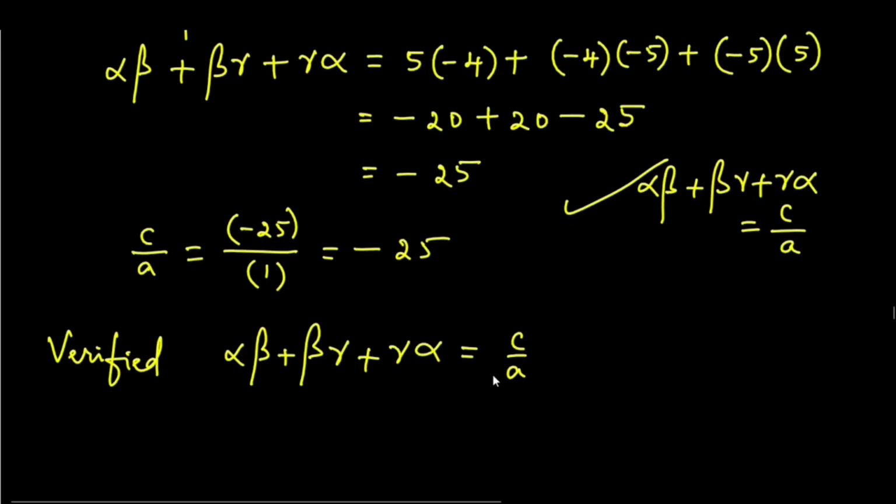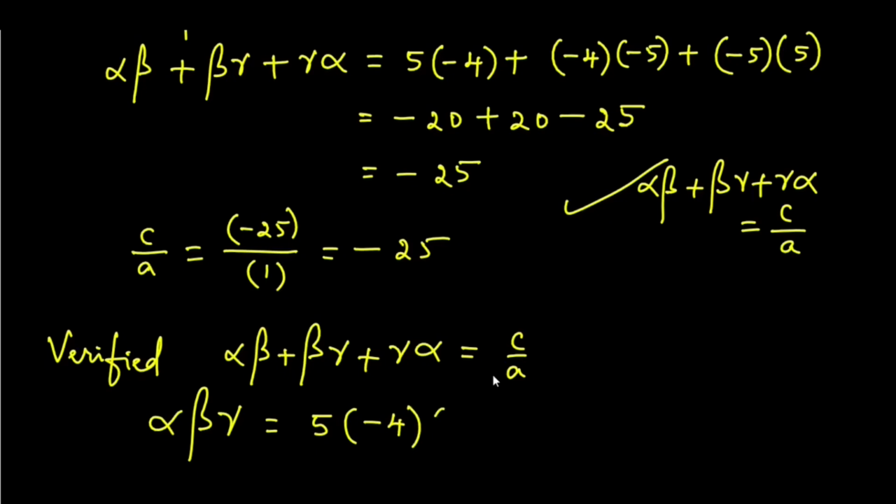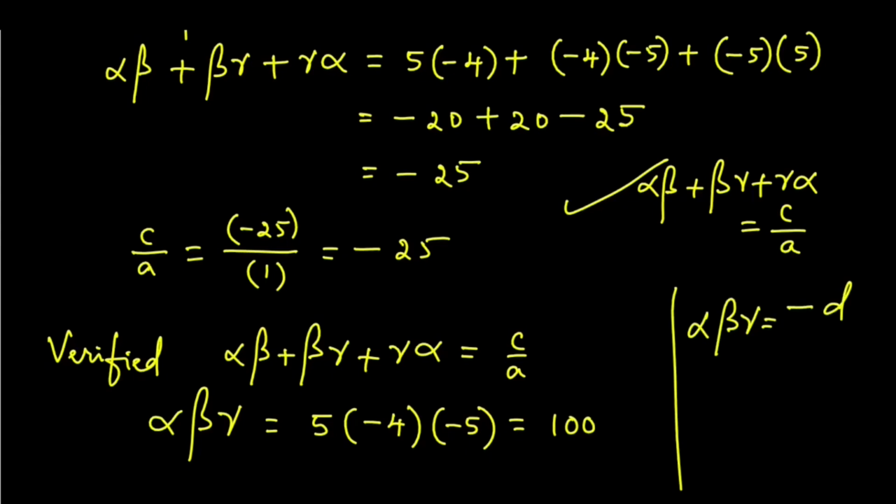Now let us find alpha into beta into gamma. 5 into minus 4 into minus 5. This is equal to 5 4s are 20, 20 into 5 is 100. Minus into minus is positive, so positive 100. Alpha beta gamma should be equal to minus d by a.